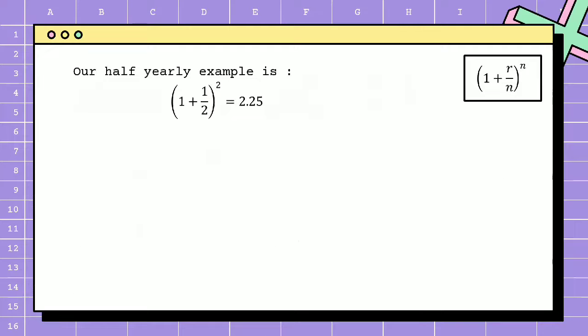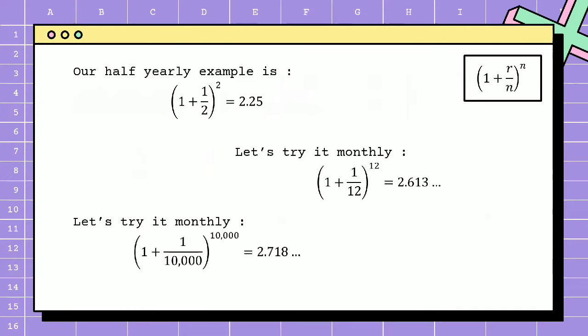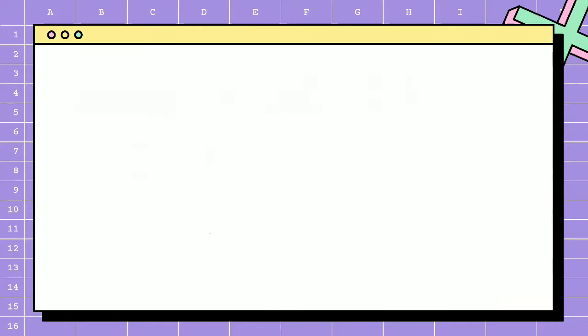Our half-yearly example is (1 + 1/2)^2 = 2.25. Let's try it monthly: (1 + 1/12)^12 = 2.613. And let's try n equals 10,000: (1 + 1/10,000)^10,000 = 2.718.